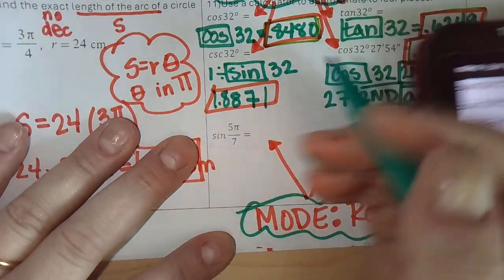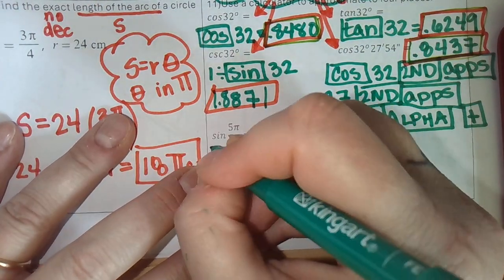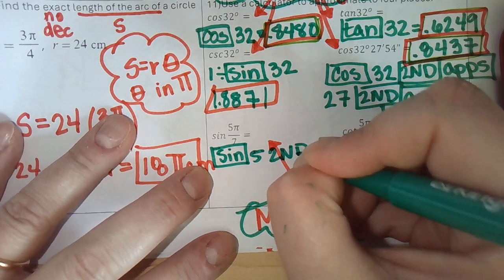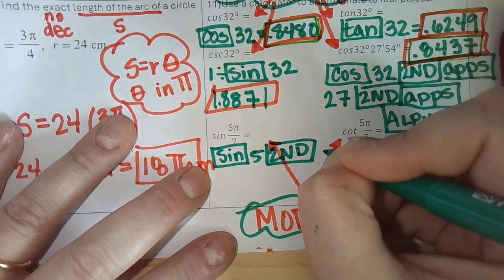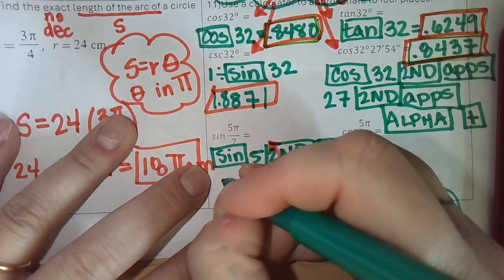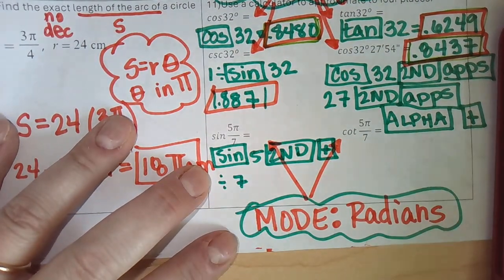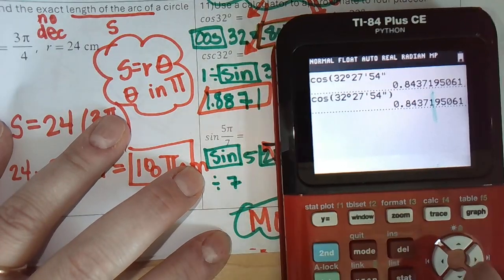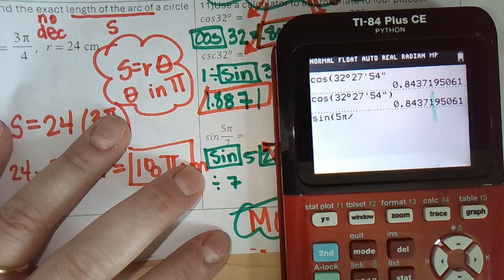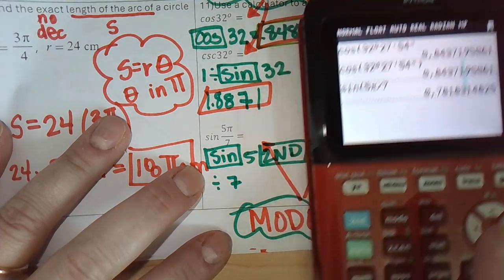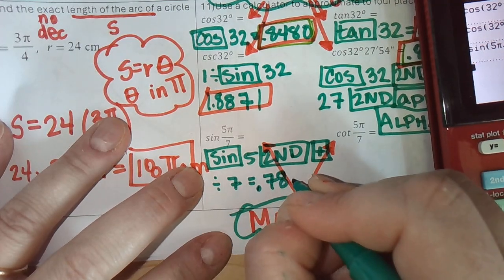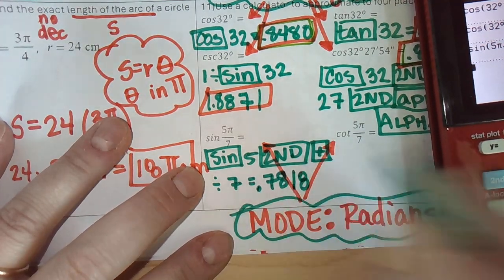My bad. You press sine, then 5, then second, up, and then divide 7. So we say sine 5 second up divide 7, and we get 0.7818.